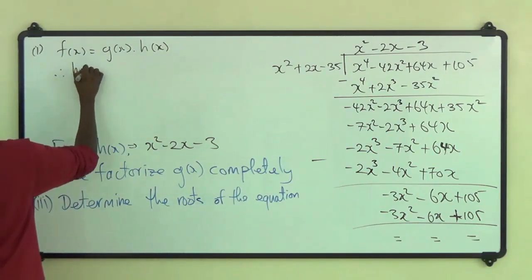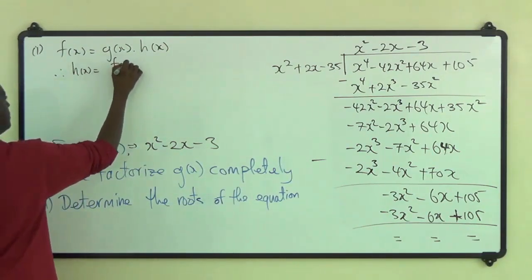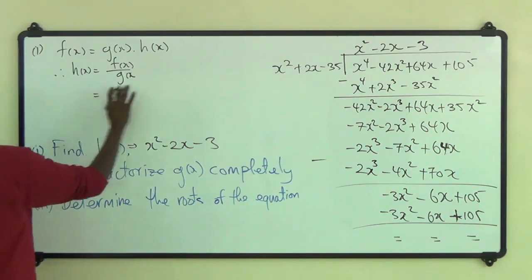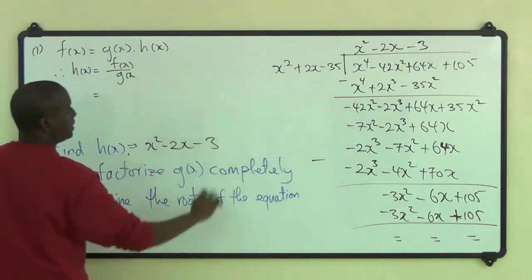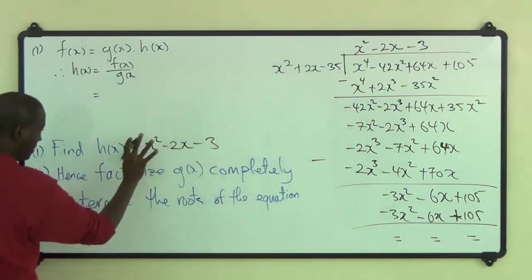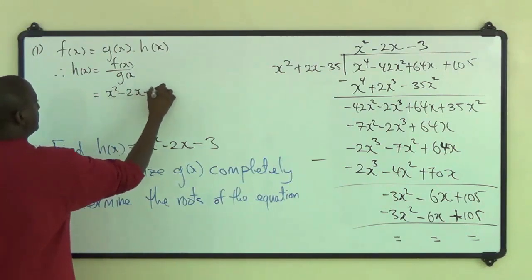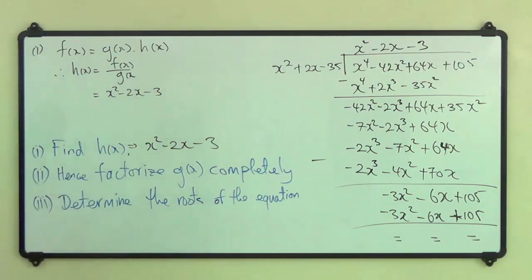Therefore, h of x is equal to f of x over g of x. You do your work over here, and you come here now. h of x is equal to x squared minus 2x minus 3. That is how you would proceed.